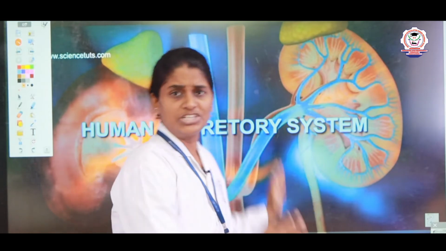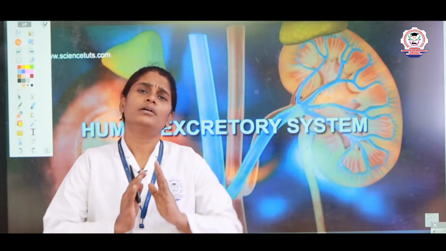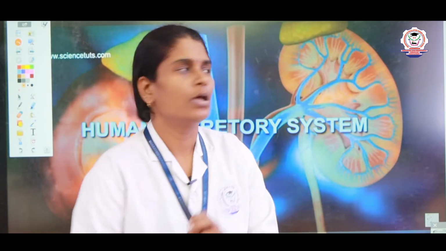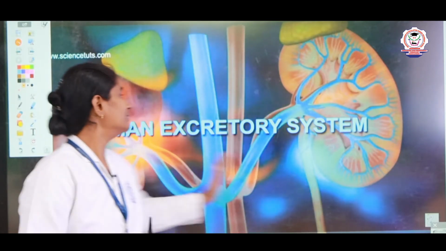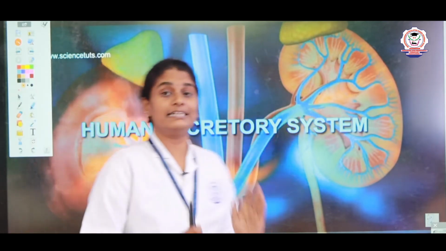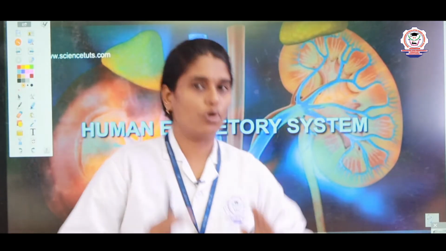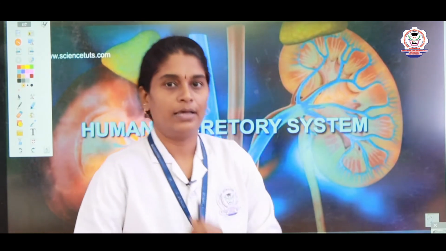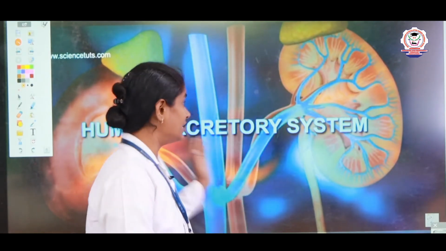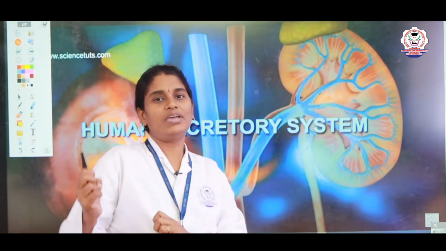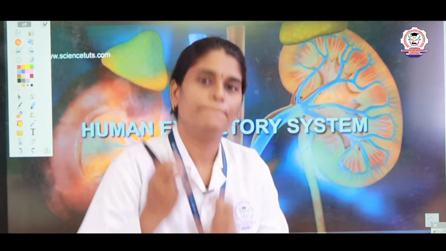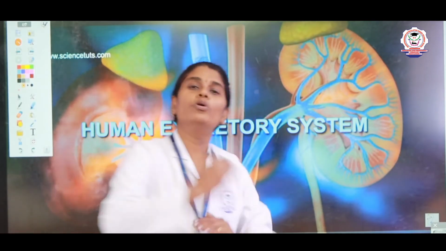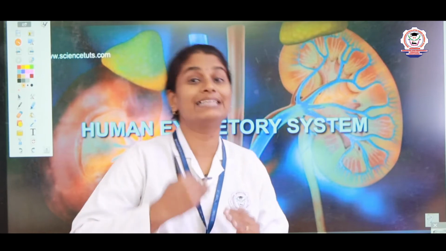So, today in this session, you are going to have an introduction to the excretory system. We all know that there is a pair of kidneys present in our body, and the kidneys help in removing the waste products from our body. But you should also learn there are a few more organs that help in excretion.